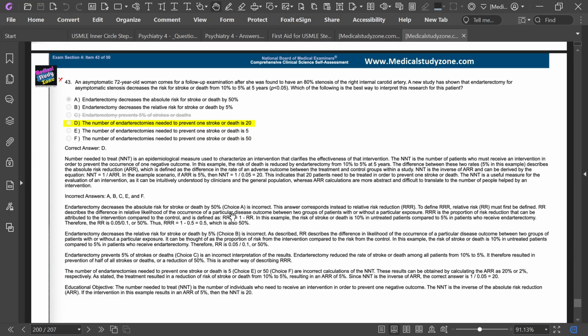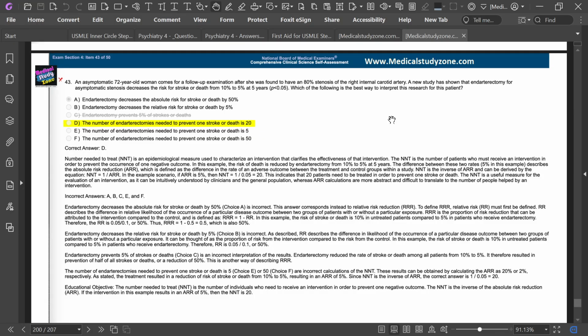Relative risk reduction is the proportion of risk reduction that can be attributed to the intervention compared to the control, and is defined as relative risk reduction equals 1 minus RR.